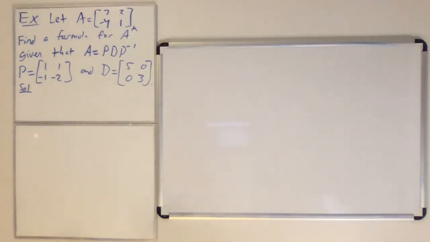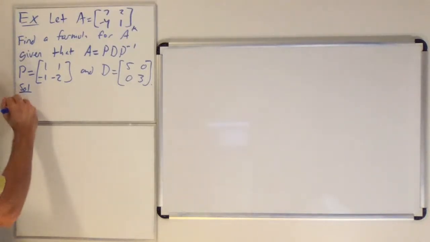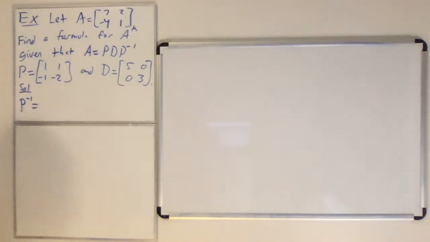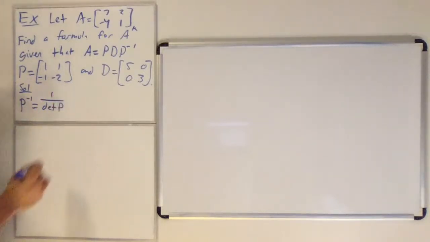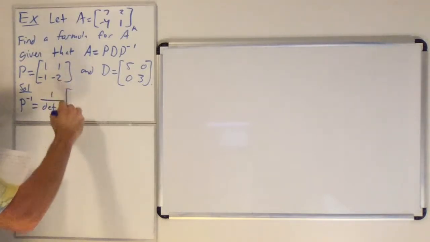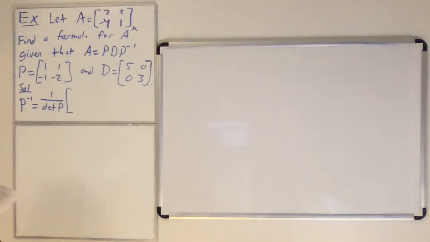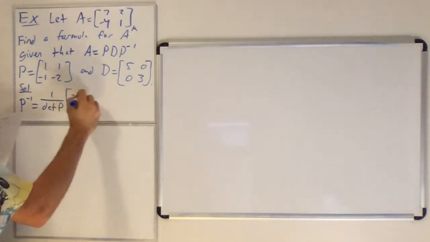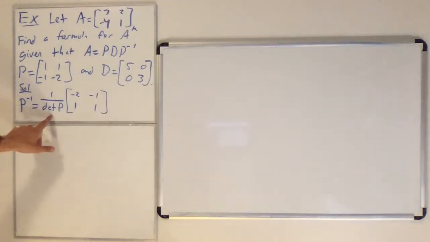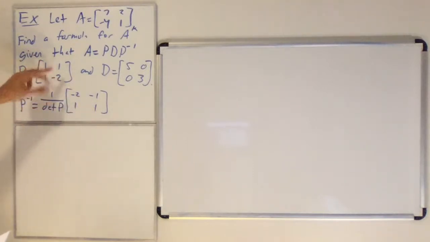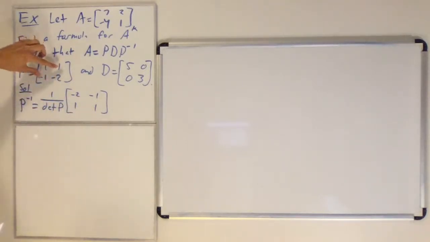Okay, so how do we find the inverse of a 2x2 matrix? Right, it's 1 over the determinant of P times the matrix where you switch the entries in the main diagonal and you turn the entries in the other diagonal negative.